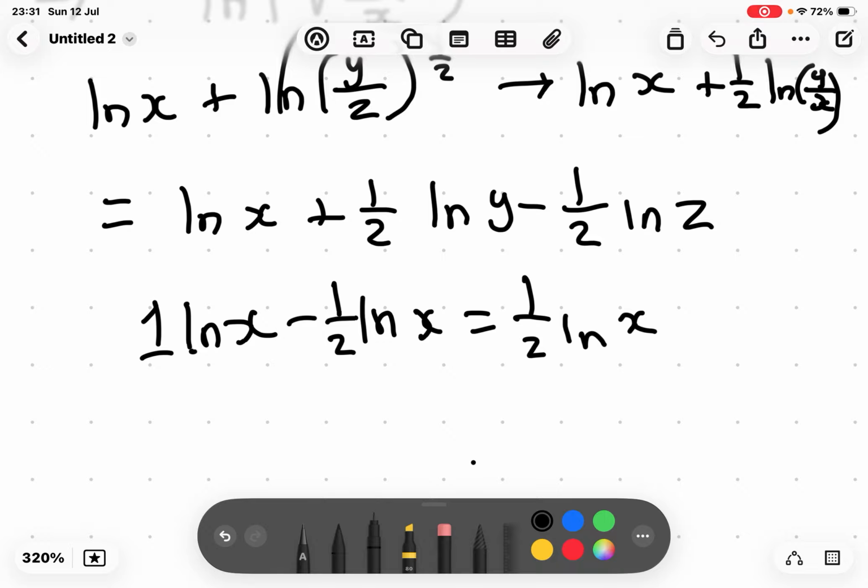Okay, what he did was basically, wait, where did the C go? Wait, actually, where did the C go?